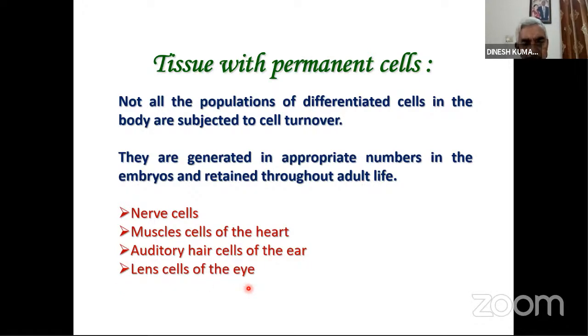These are the permanent cells, formed in the embryonic stage in whatever number is required in the body, and they are maintained throughout the lifespan. So there is no turnover of these cells, and if there is turnover, it is in very small quantity.